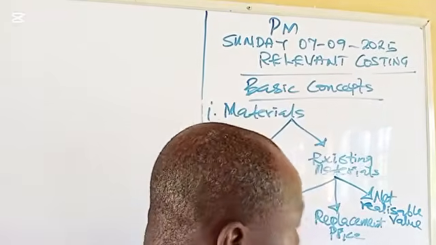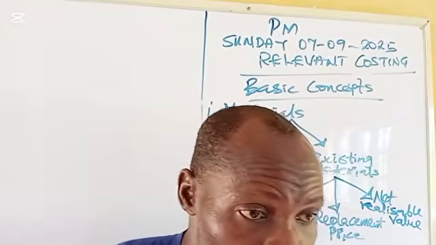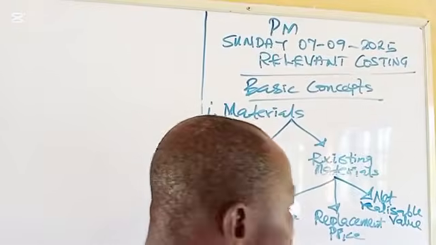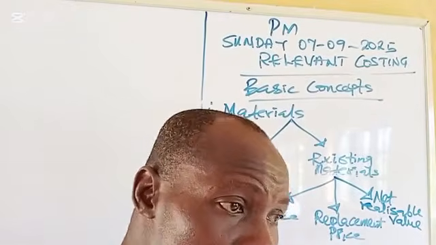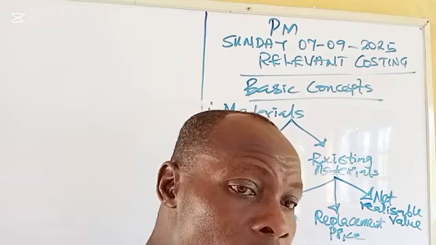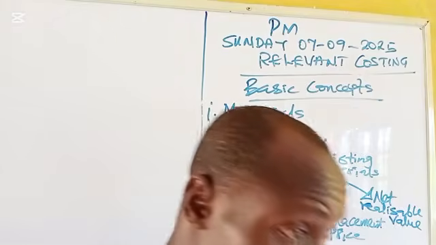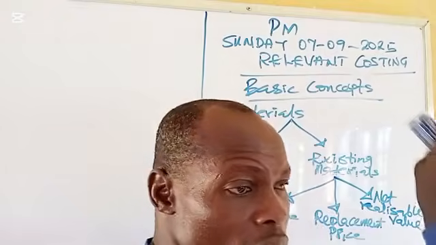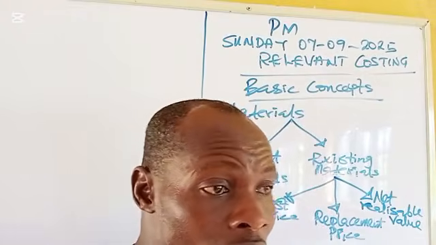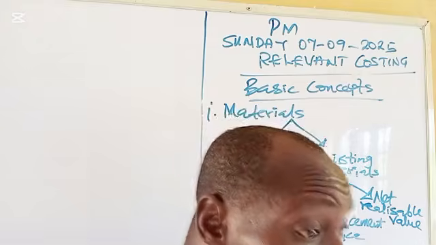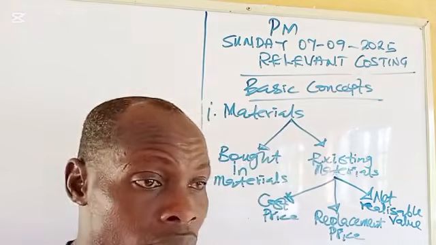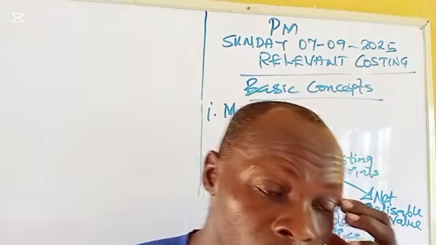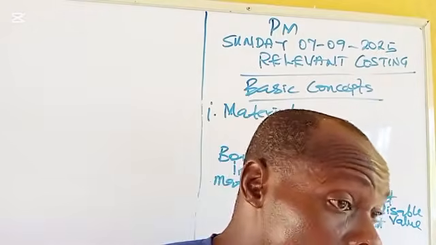I made mention of disposable value. But disposed means to sell. But if the question says disposed of, it means to do what? To throw them away. Not disposal value.